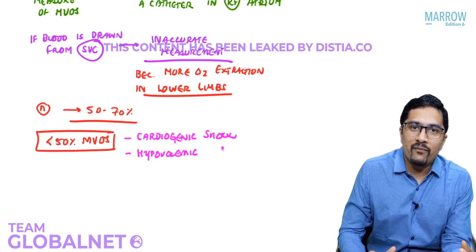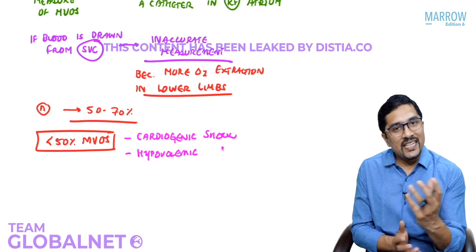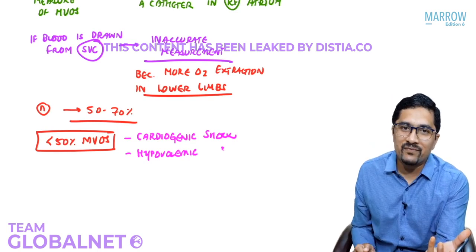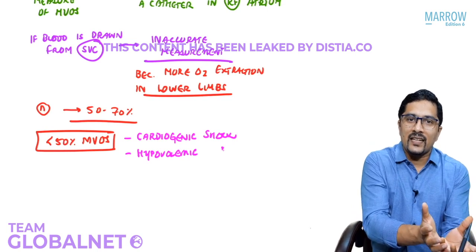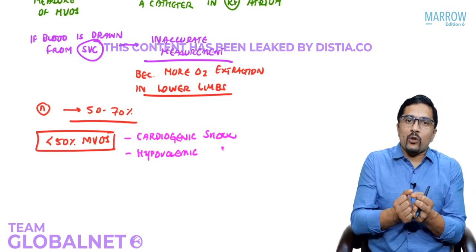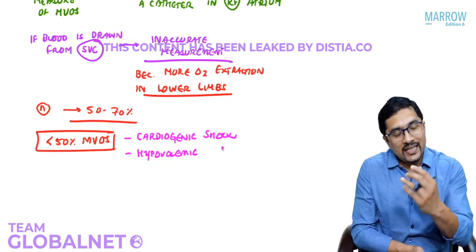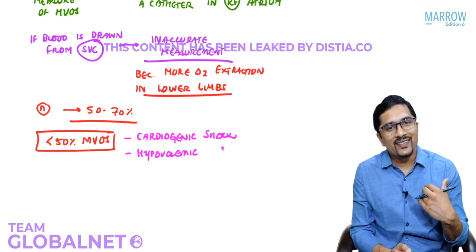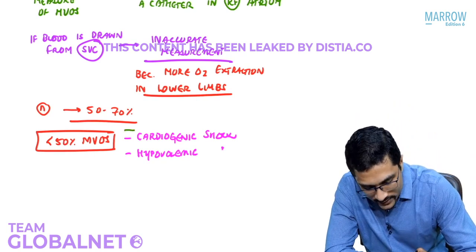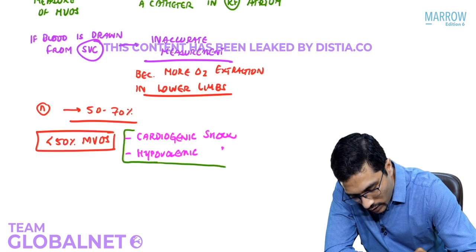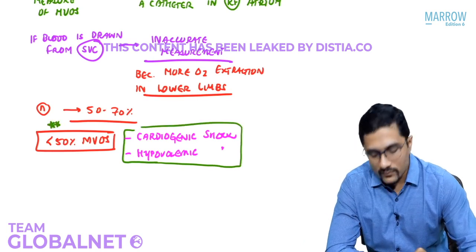Because the circulating blood is less, less oxygen is being sent. So because of less oxygen and stasis, the tissue extracts more oxygen and less oxygen returns. That also leads to a low MVOS. So these are the two types of shock where you can get low MVOS.